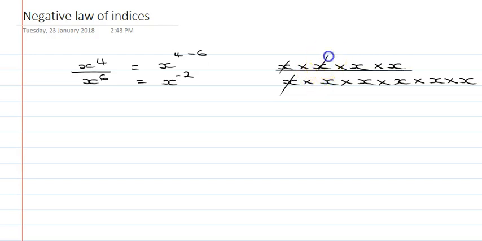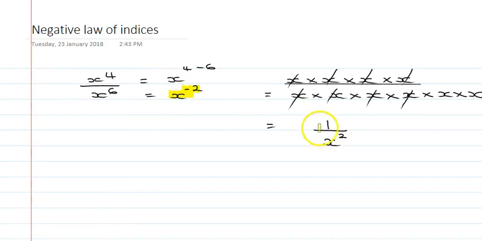So that's 1 times 1 times 1 times 1. Now, I've got no x's on the bottom, but I do have the number 1 because 1 is created when you cancel. But on the denominator, I'm left with 2 x's times by itself, leaving me with x squared. Thus meaning that x to the power negative 2 is the same as 1 over x squared.